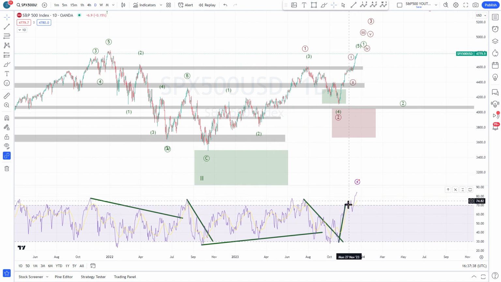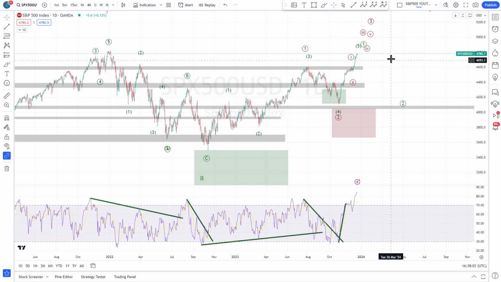Simply because I do not really like what I see here in the daily. The most obvious thing would be to have our 5 waves, and for a while it also looked like this, but now this very strong RSI reading right here, I don't like to have this in the 5th wave.